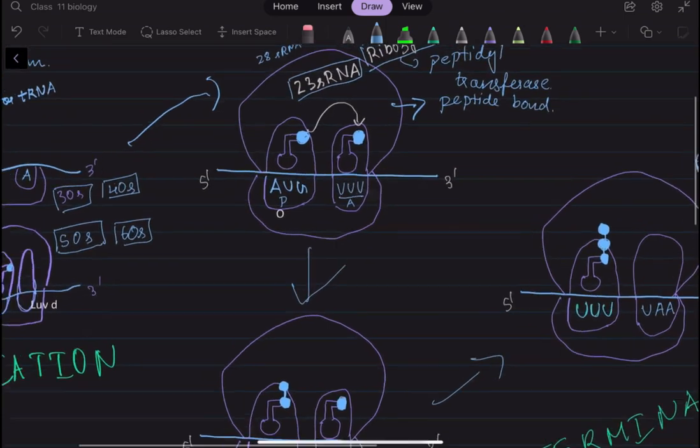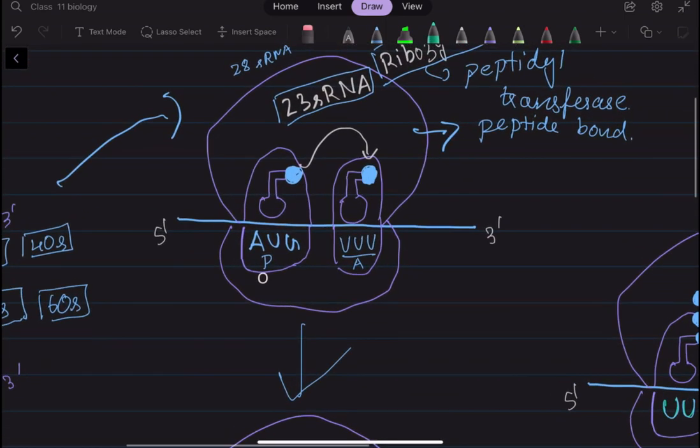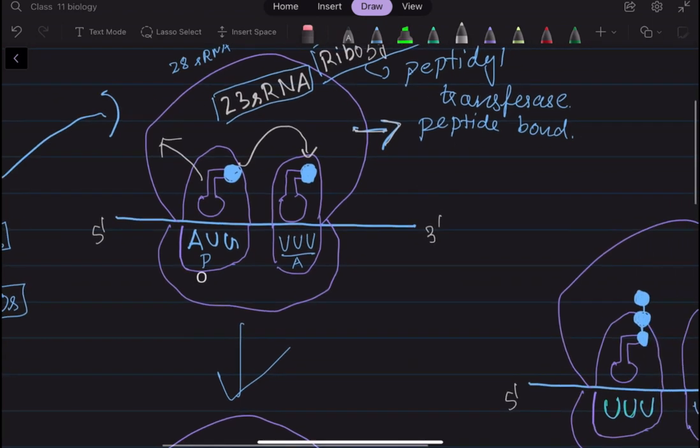So here, when the bond is formed, the amino acid which was in the P site moves away, and this entire ribosome moves forward.